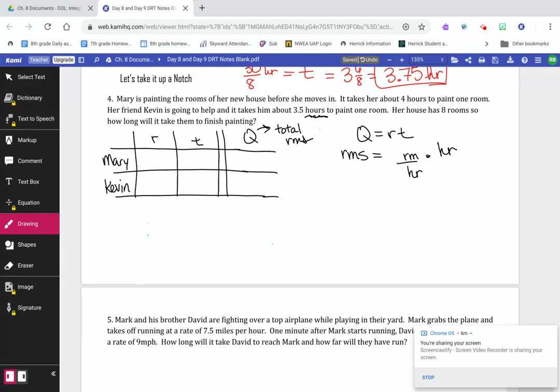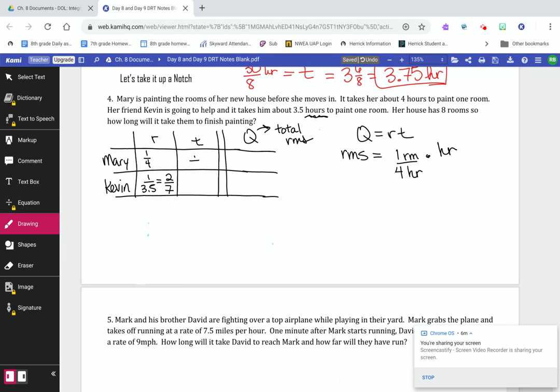So if it tells me that Mary paints one room in 4 hours, her rate would be 1 with the room, 4 next to the hour, so her rate is 1/4. And Kevin paints one room in 3.5 hours, so his rate would be 1/3.5. We normally don't leave a decimal within a fraction. So if we multiply this by 2, we get 2/7.